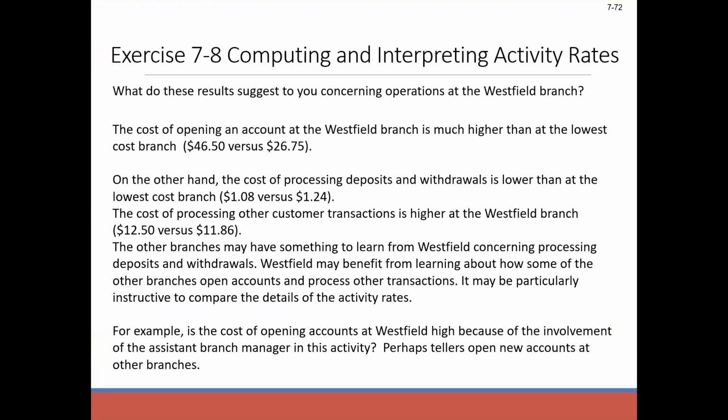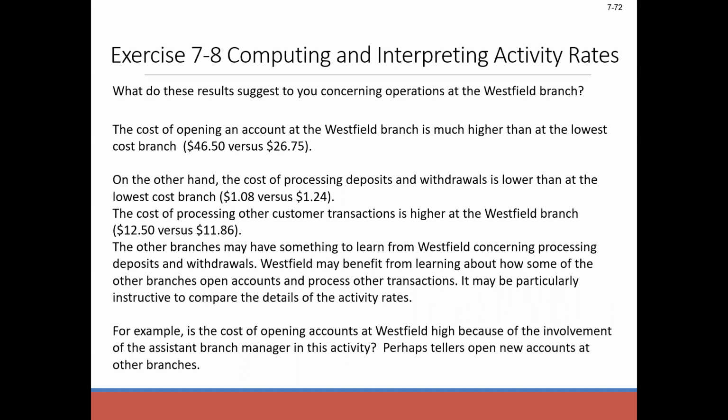The cost of opening an account at the Westfield branch looks higher than at the lowest cost branch, $46.50 versus $26.75. On the other hand, the cost of processing deposits and withdrawals is lower than at the lowest cost branch. So the Westfield branch was making those transactions cheaper.